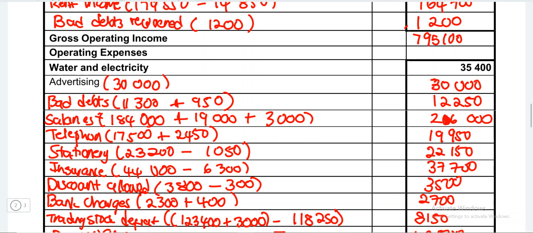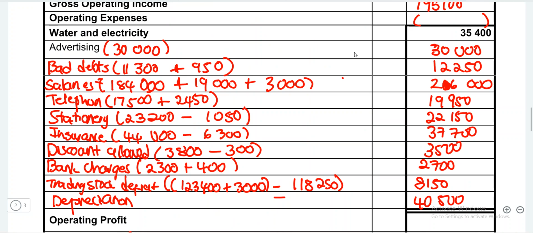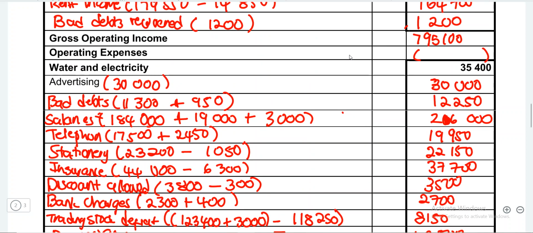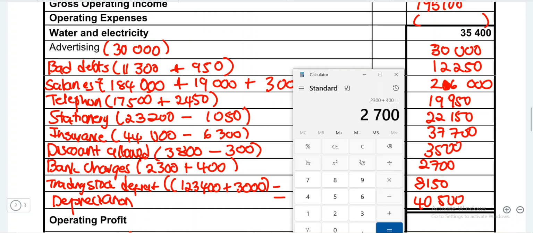And then from there we need to make sure that we get our total operating expenses. However, we must also note that the answer should be put in brackets to show that we are paying for something. Okay, so we're going to add this.